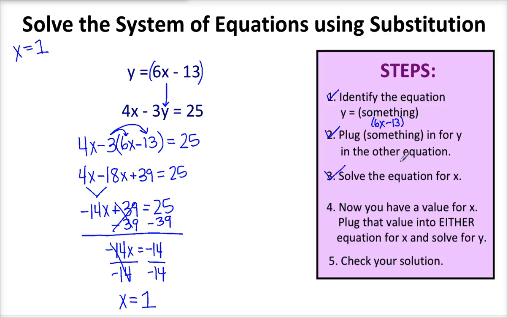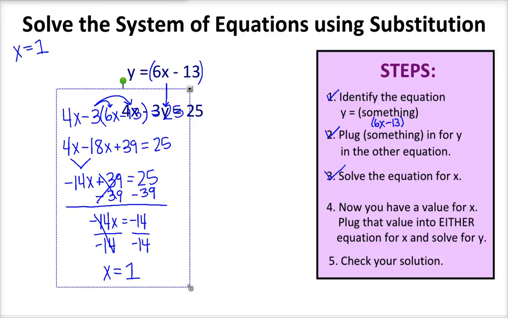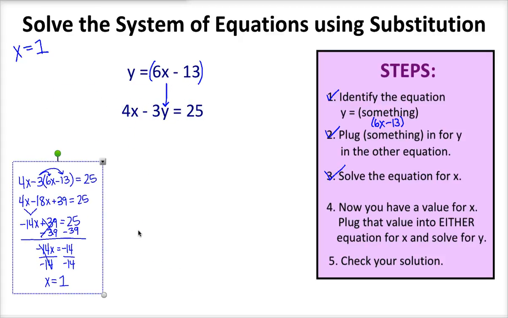Step number 3 is kind of long, right? Okay, now you'll see that we're not quite done yet. There's still 2 more steps. So let's keep reading what we need to do and move this a little bit out of the way. So it says, now you have a value for x. Yes, I do. Plug that value into either equation for x and solve for y.